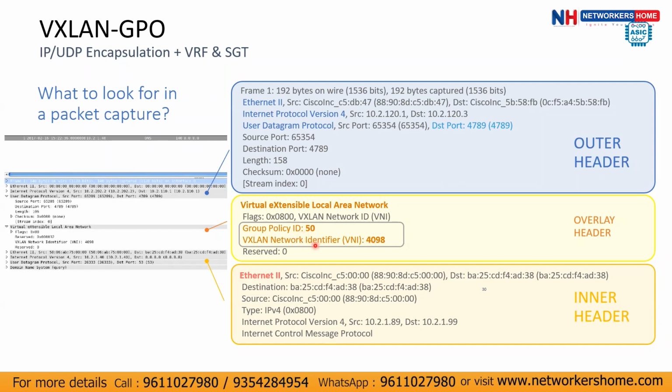And each VRF has a specific VNID, which is 4098. That is the VRF number, right? So you don't find any specific name over here, like employee or campus infra VN or guest VN. You may not find that type of name, but the specific number.